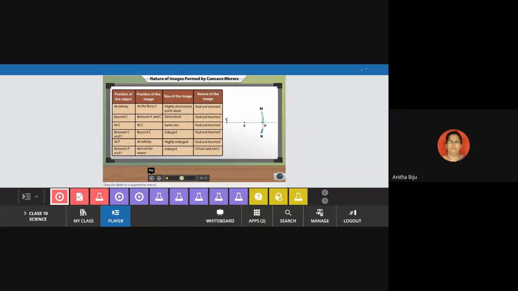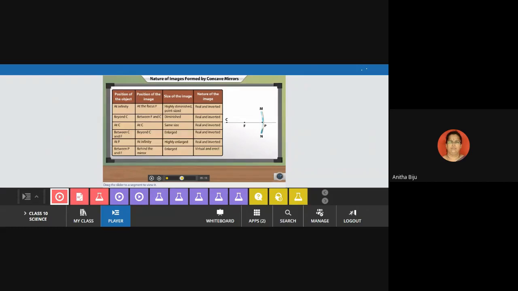Or a ray diagram is also possible. Draw the ray diagram of the image formation in the case of a concave mirror where the object is placed between F and C. Between F and C is the only case where we get a diminished image.